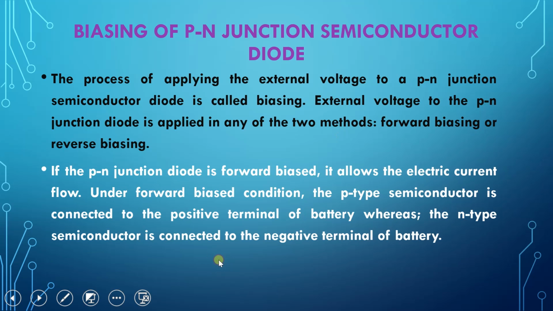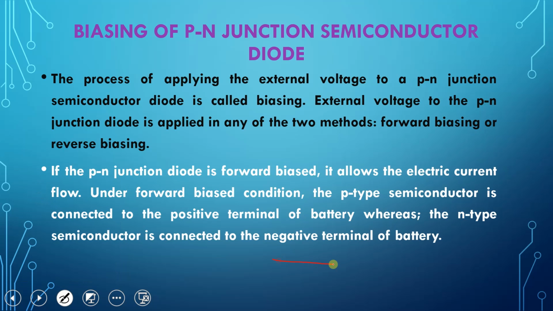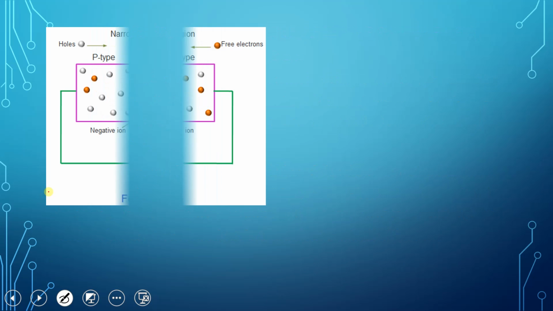If I am making the diagram for the forward biasing, if this is my diode, this is called forward biasing. This is my P and this is my N. P is connecting to the positive of the battery and N is connecting to the negative of the battery. So, this is about the forward biasing.